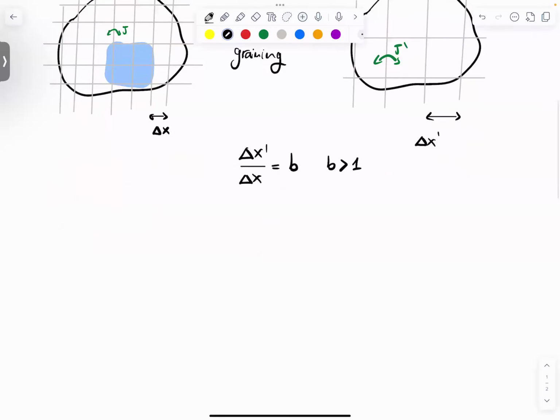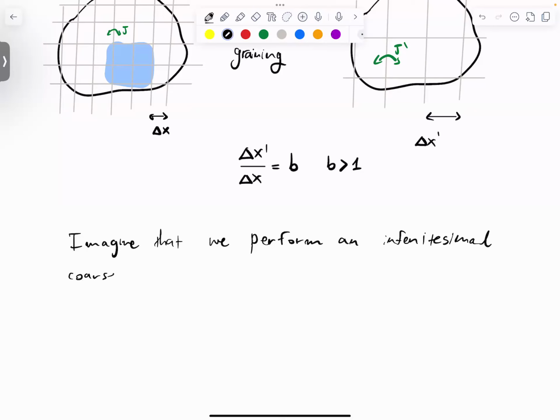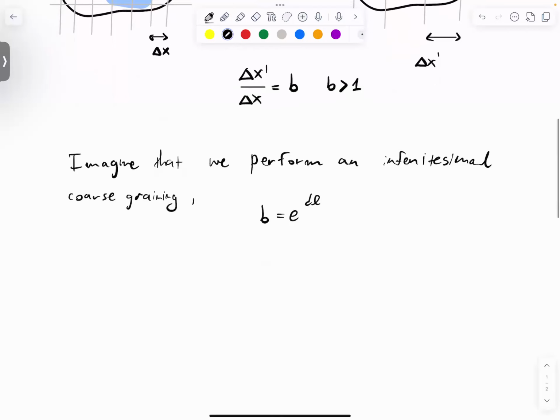And then if you imagine that we perform an infinitesimal coarse graining, such that B is equal to e to the dl, where dl is a very tiny number, then we can write an equation dJ/dl is equal to beta of J. This is known as the beta function.